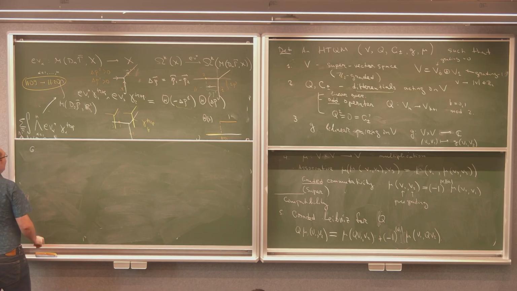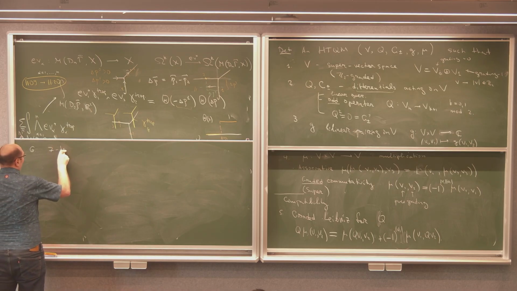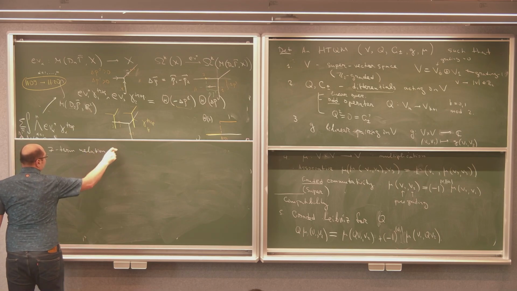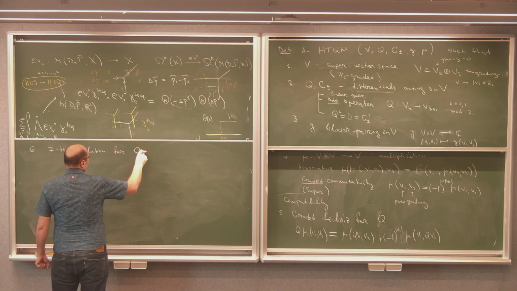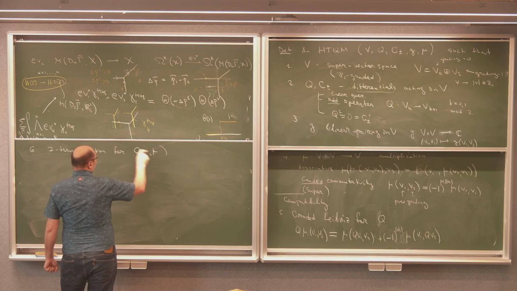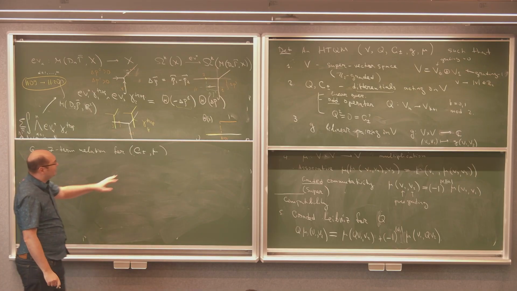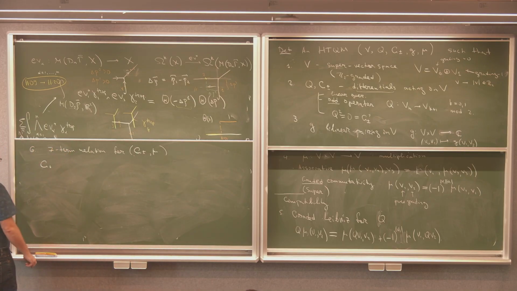This property has a boring name, the 7-term relation for G plus minus mu. And the idea is the following. Because the relation will be the same for G plus and G minus, let me just write it for G plus. The relation has an interesting structure.